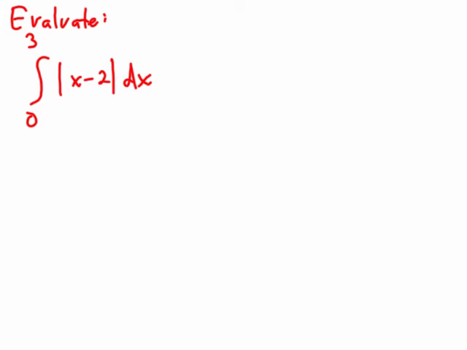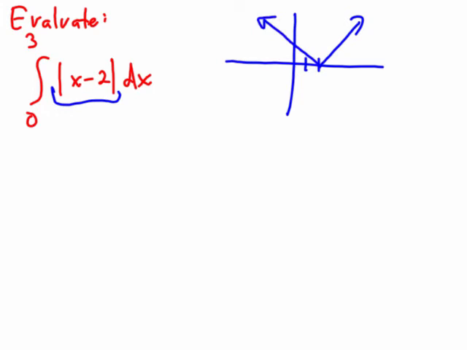Alright, let's interpret a couple of definite integrals and evaluate them. So in this first example, I have an absolute value graph that I'm working with. It has a vertex at (2, 0), so it looks something like that. And what I'm being asked to do is calculate the net signed area between x equals 0 and 3.